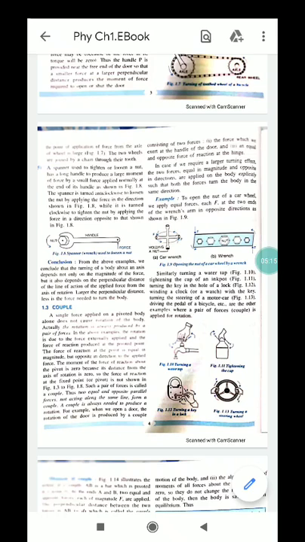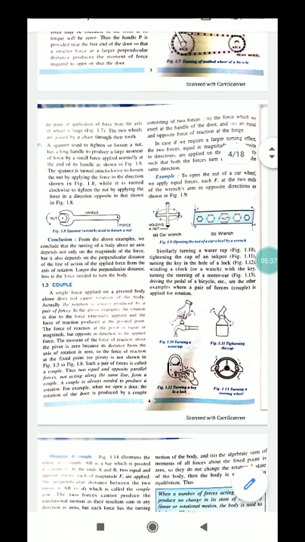Now, couple. A couple is a pair of forces equal in magnitude, oppositely directed and displaced by a perpendicular distance or moment. The simplest kind of couple consists of two equal and opposite forces whose lines of action do not coincide. This is called a simple couple.